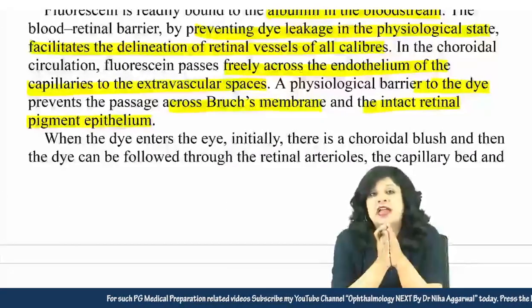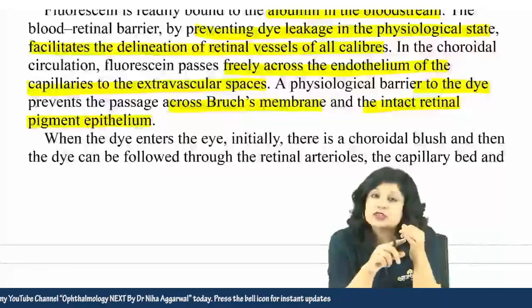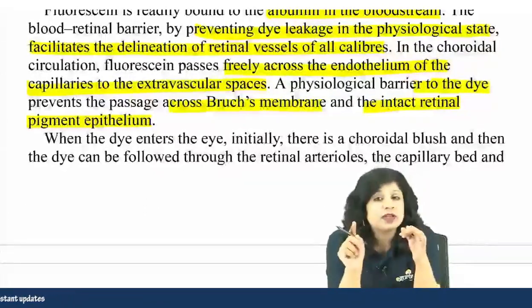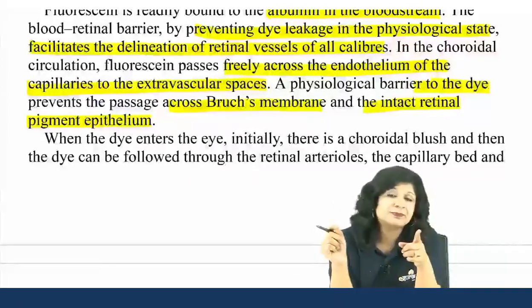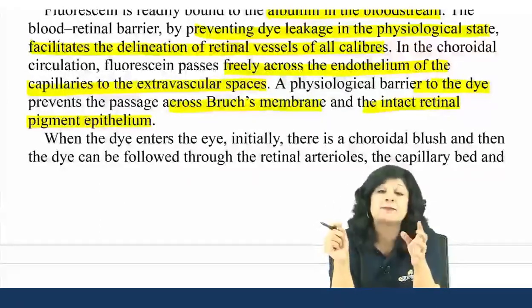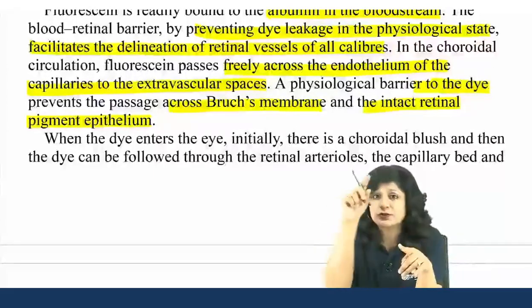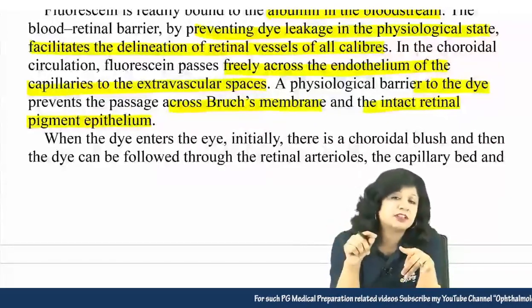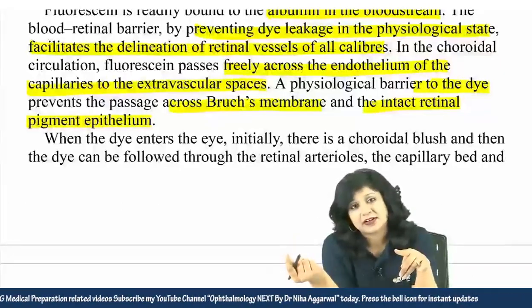That is why we say we have two barriers: one is the outer blood retinal barrier, one is the inner blood retinal barrier. The outer one is made by the tight junctions of the RPE, while the inner one is made by the endothelial cells. Whenever I have a problem in the endothelial cells, the dye will freely go and I will be able to see some defects. That is the inner blood retinal barrier. But if I have some problem with the tight junctions of the RPE, then there will be disruption of the outer blood retinal barrier.